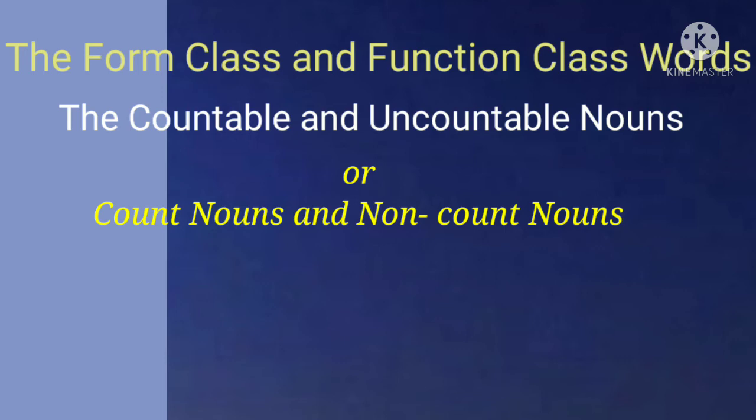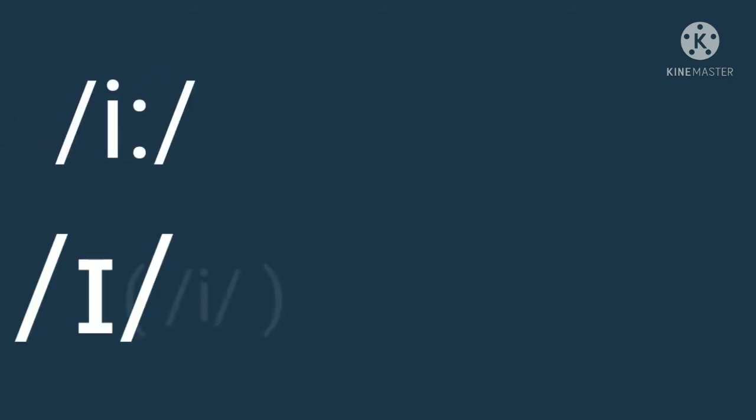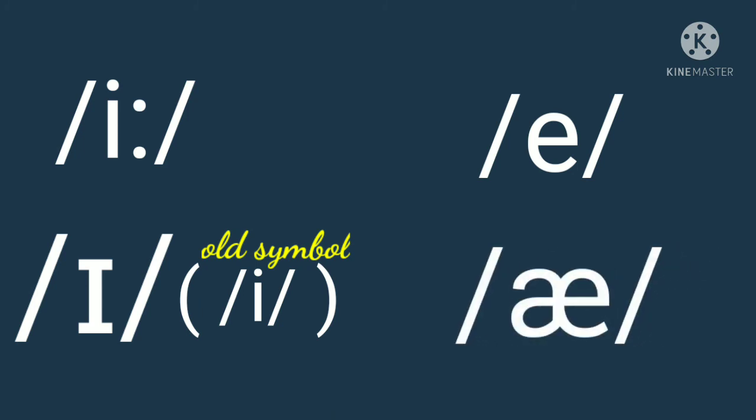So before I conclude, I would like to introduce two more phonetic symbols. We have already studied four symbols, four sounds. Which are the four sounds? E, I, A, and A. Four symbols we have studied.